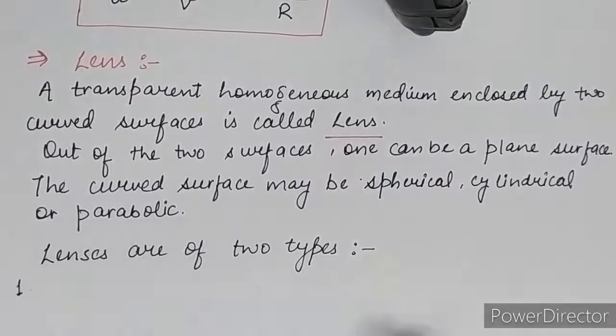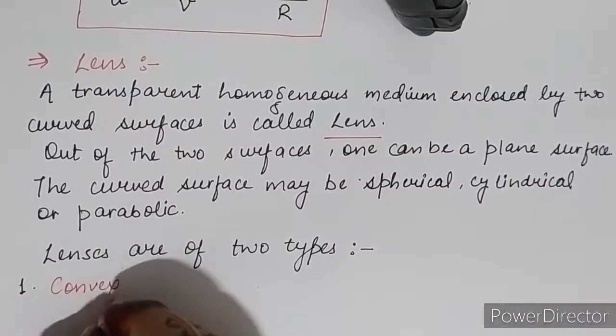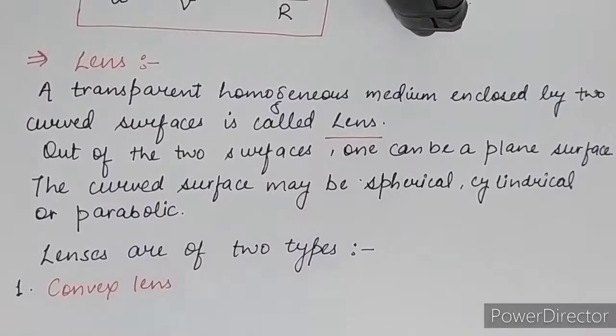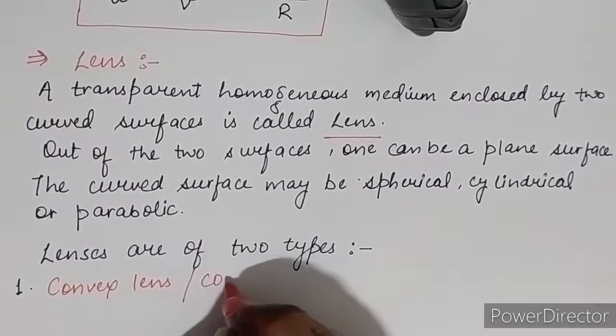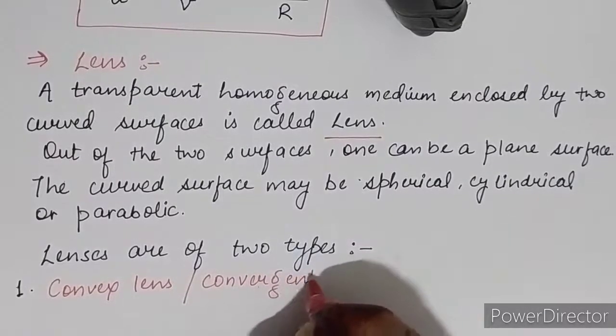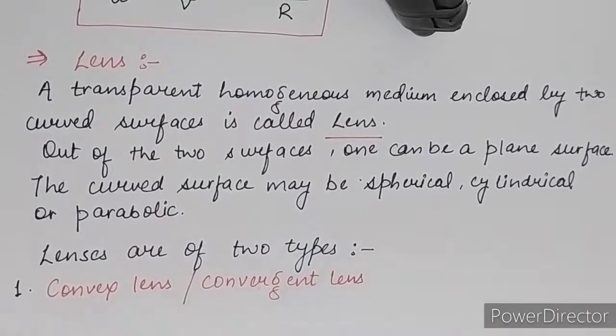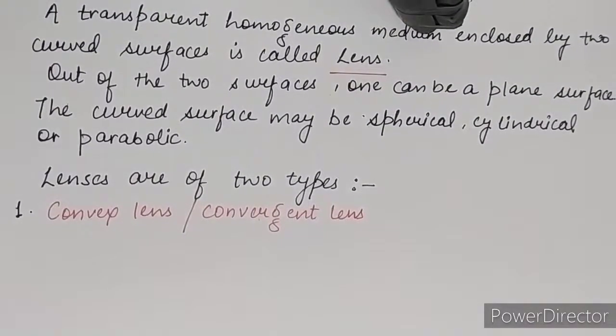First one is the convex lens, and the convex lens is also the convergent lens. And the second one is the concave lens, which is a divergent lens, that we will discuss after this.